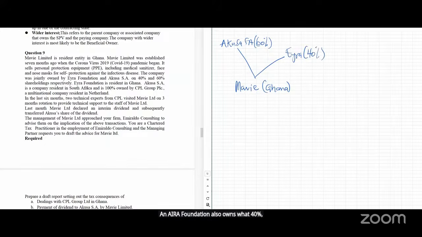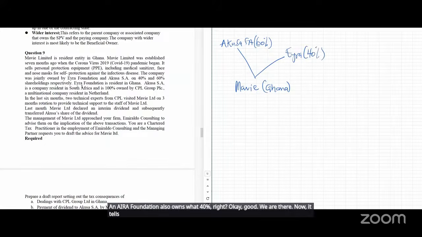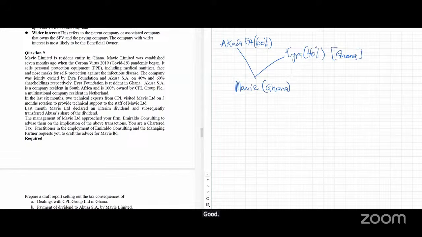Okay, good. We are there. Now, it tells us that ERA Foundation is a resident in Ghana. So ERA is in Ghana. Good. So ERA Foundation is resident in Ghana. I'll come and prove something to you later.